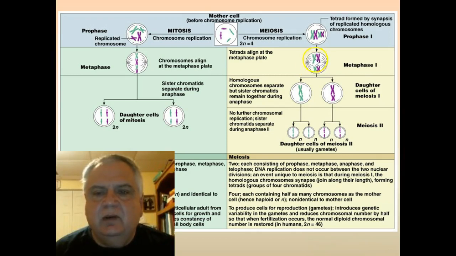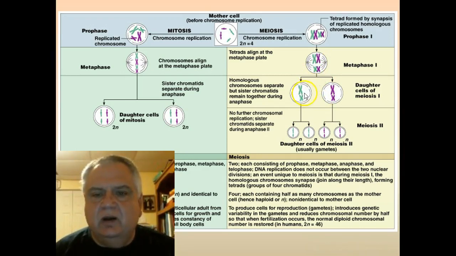But this time, during metaphase 1, the chromosomes don't completely replicate. So each duplicated chromosome is pulled to the opposite side. So in our next phase, what's going to happen?